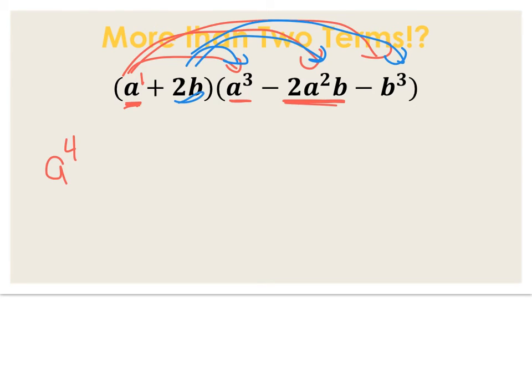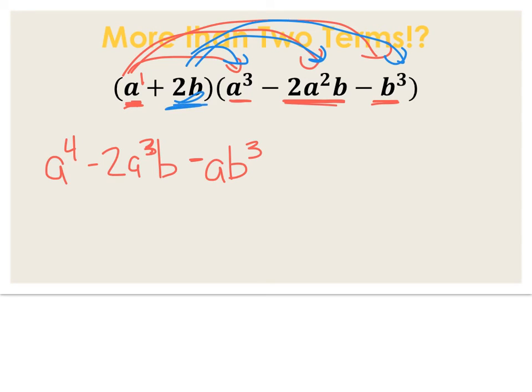A times negative 2a squared b gives me negative 2a to the third b. And then I've got to do my first term times my very last term. A times negative b cubed, remember always write your a first, but it's going to be negative a b cubed. So I distributed my first piece.